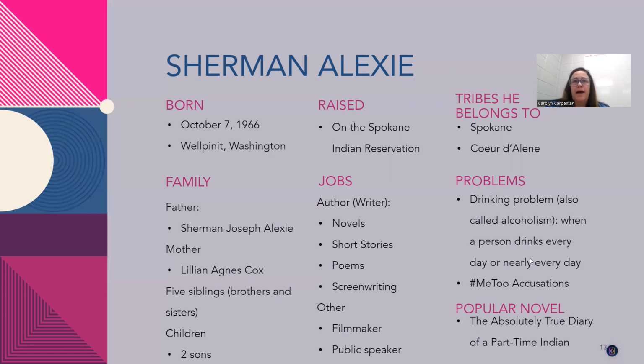So he did struggle with that for quite a while, and I'm sure he struggles with it even now on a daily basis, though he has not had a drink in several years. And also, one of the problems, which I will explain and discuss in a minute, has to do with Me Too accusations. Okay, so by accusations, that means people are saying he did something he should not have done. That has to do with the Me Too movement.